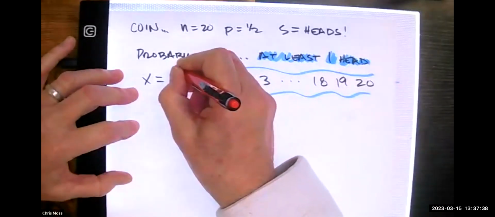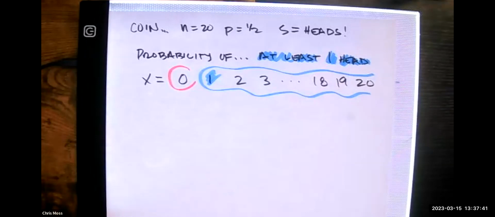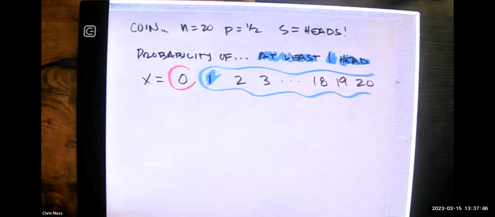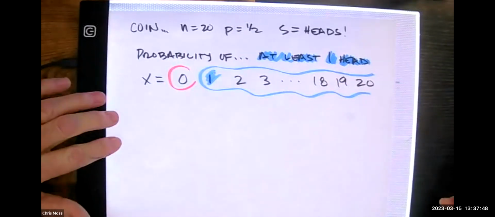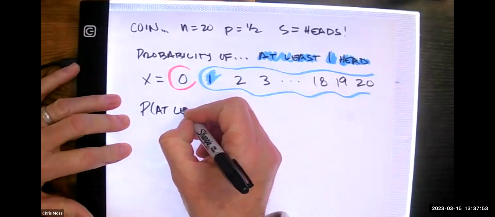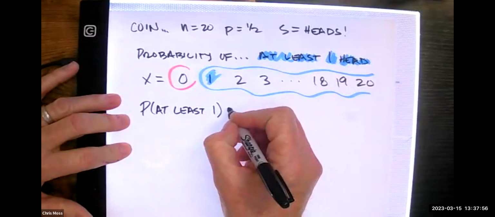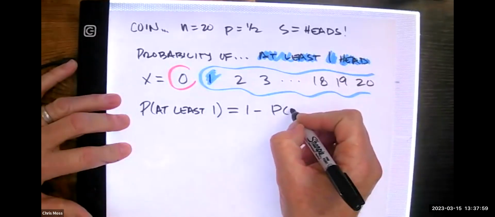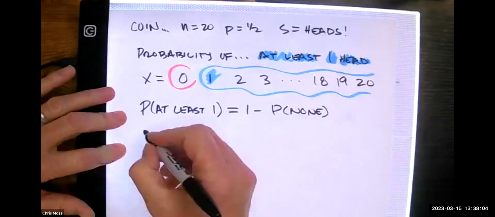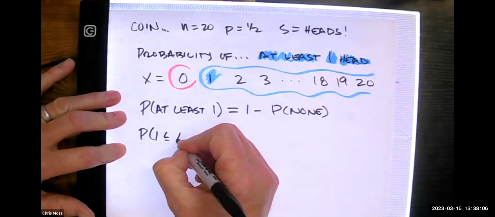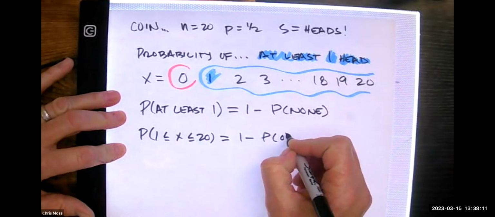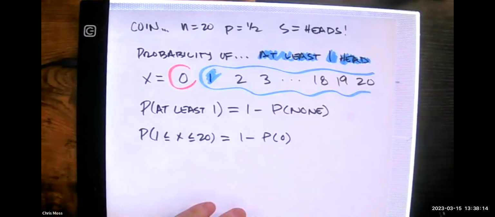The complement in this case contains just a single outcome: the outcome of no heads at all in those 20 flips. So this is an example of what we call the probability of at least 1 is equal to 1 minus the probability of none. So in our case, we're looking at the probability of 1 less than x all the way up to 20. That's 1 minus the probability of exactly 0 heads.